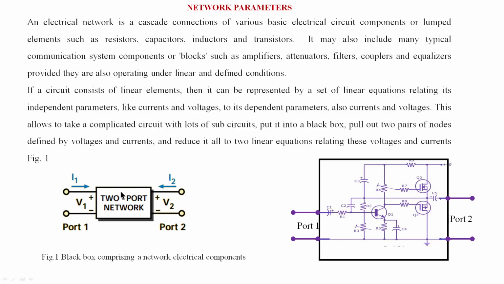For example, this amplifier consists of BJT and also JFET. But the entire thing inside is represented by this box. What are these here? They are called ports: port 1 and port 2.